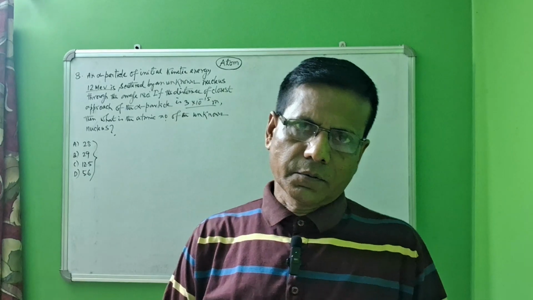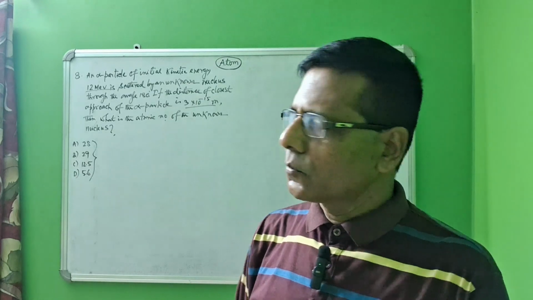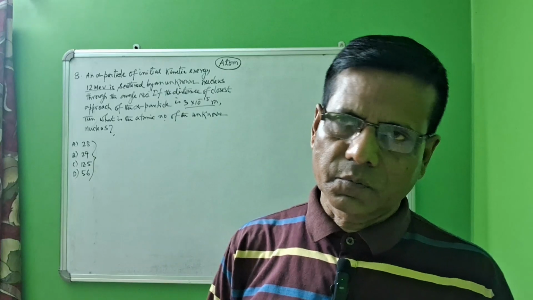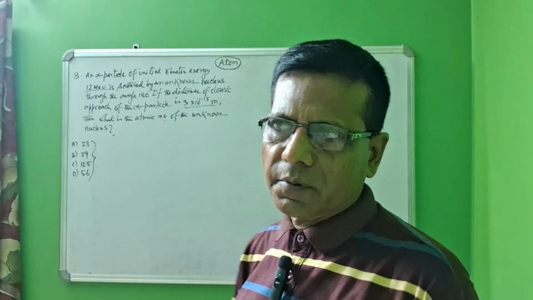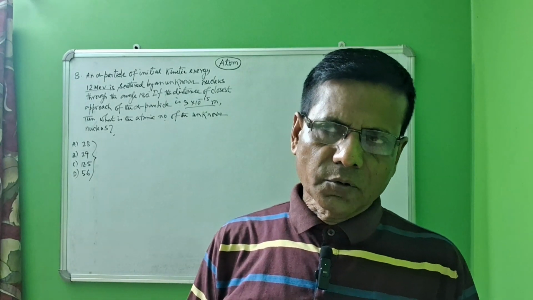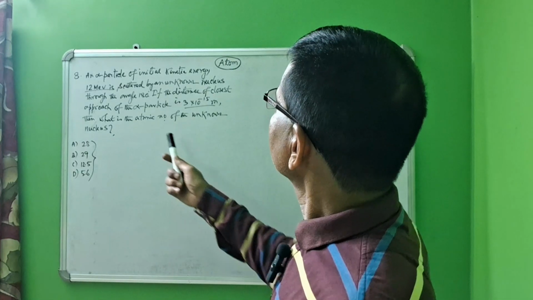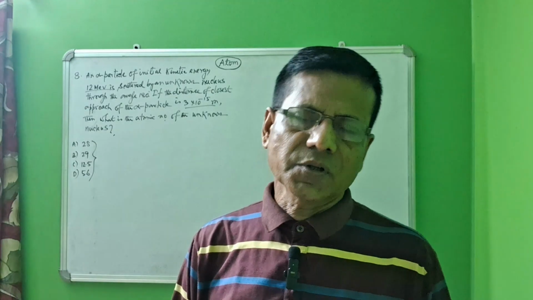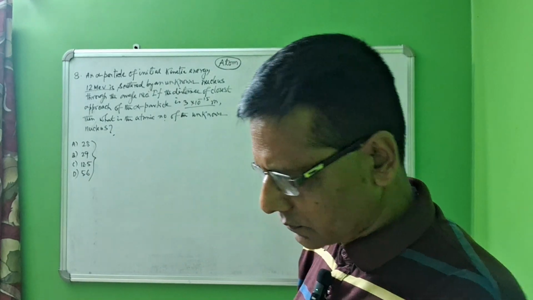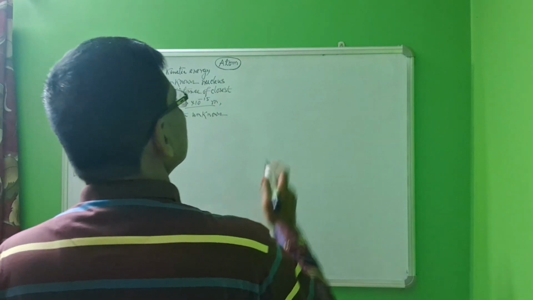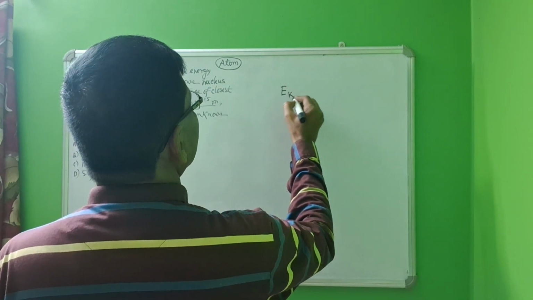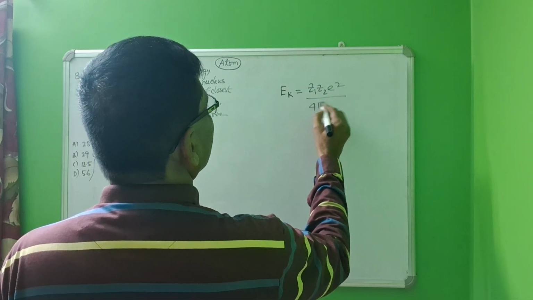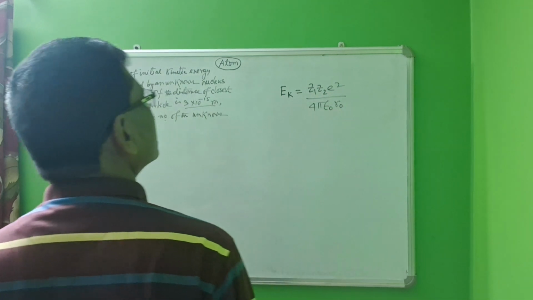There we have the EK, the kinetic energy of the alpha particle, given, and that will be calculated from the distance of closest approach, given as R0, by the relation EK equals Z1 Z2 e square divided by 4 pi epsilon 0 R0.